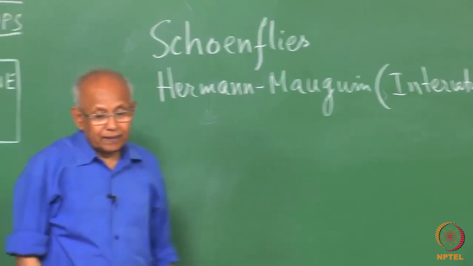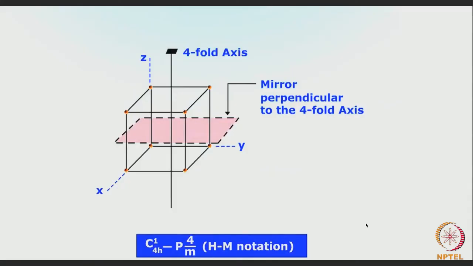Now, say for example, this is a simple space group where the underlying point group is a fourfold rotor and a mirror perpendicular to that. That means, when it comes to knowing the arrangement of the atoms at any lattice point, that will be given by the notation 4 by m.